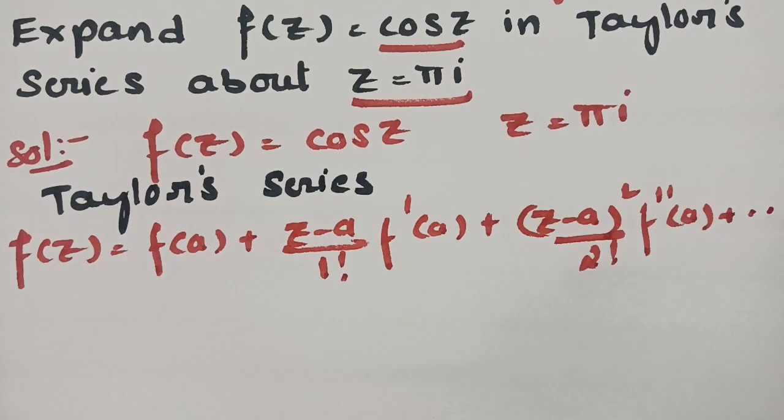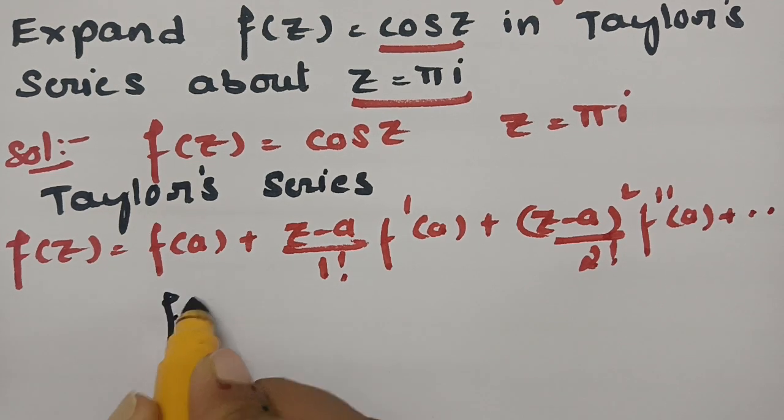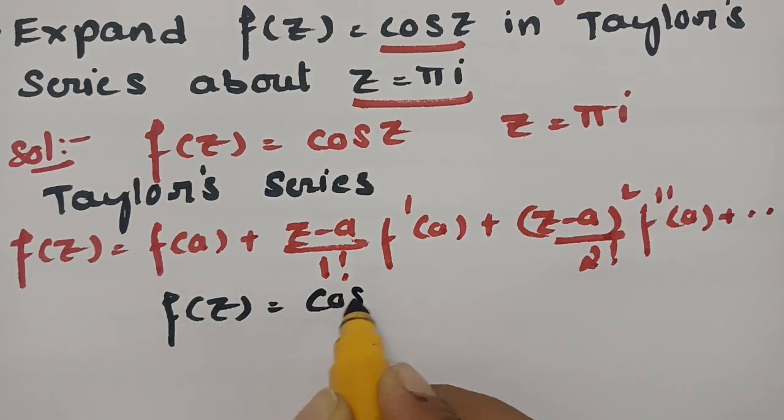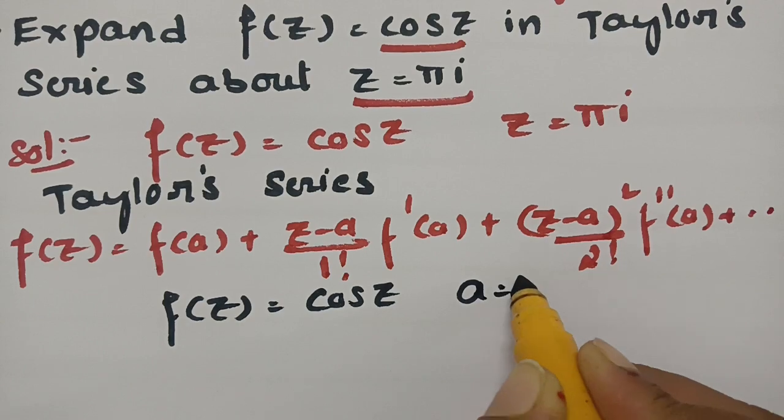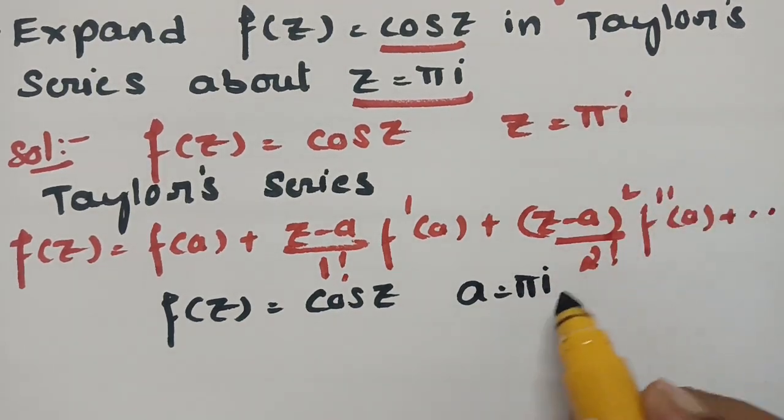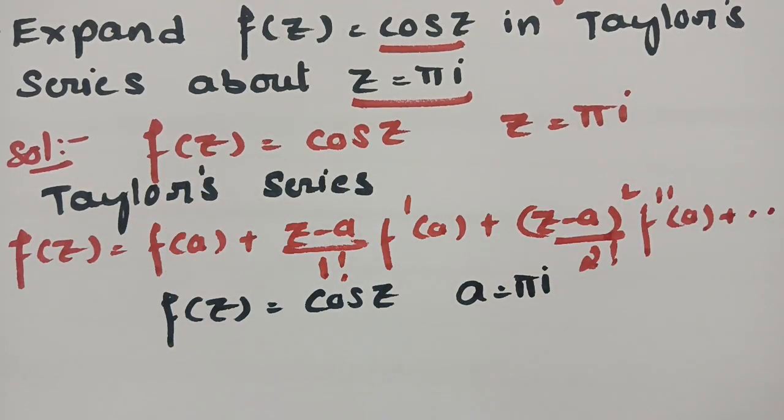Clear? So in this I am going to substitute f of z as cos z and a value as pi i.